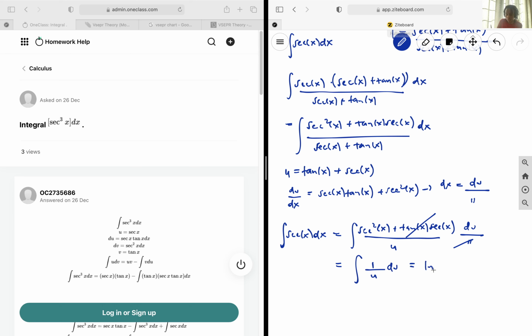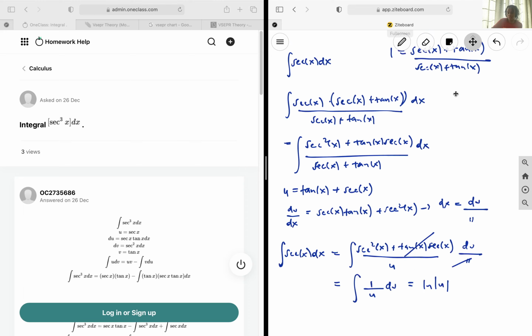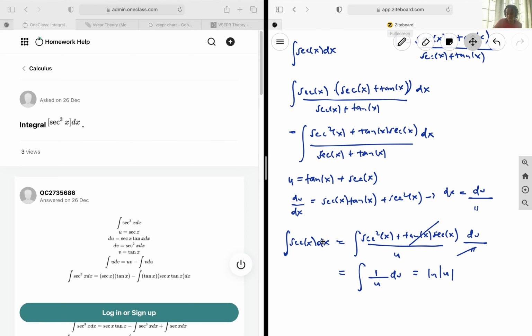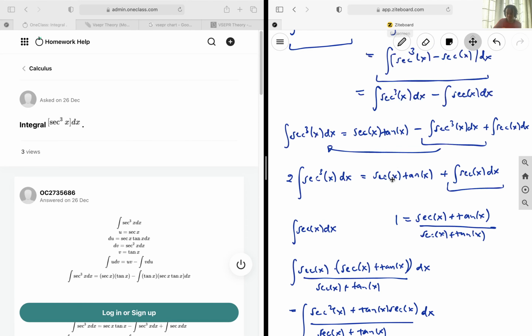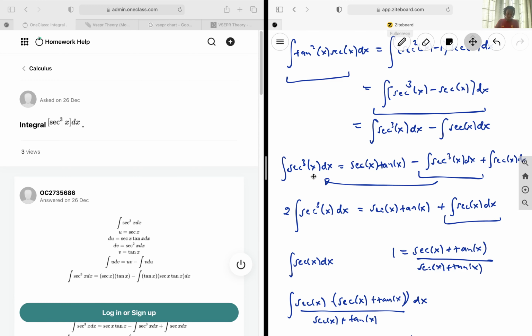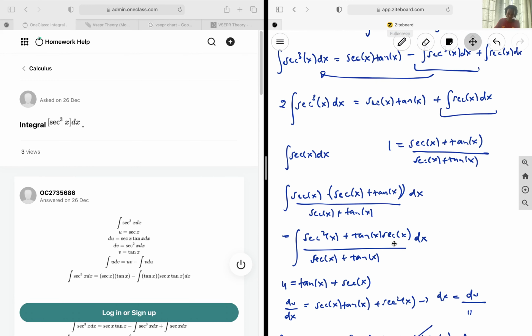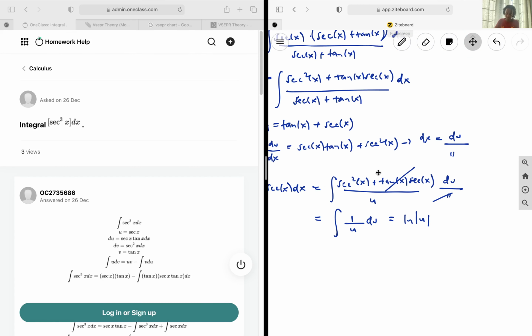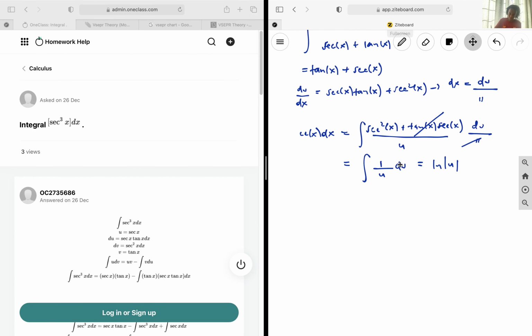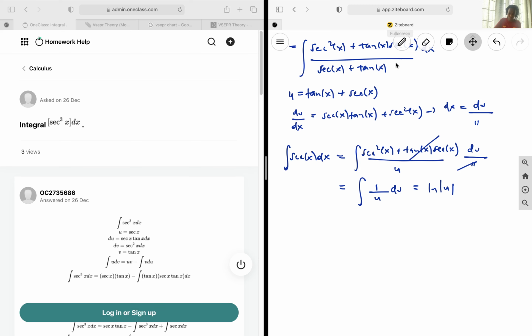And we know that this will give us ln of the magnitude of u plus c, but we're not going to write that right now because this is not our end goal. Our end goal, we always need to remember, is the integral of secant cubed x. And this is just a part of that. So we'll add the plus c at the very end. So for now, we just write back in what our u is.